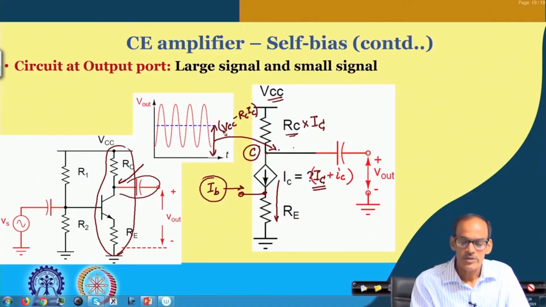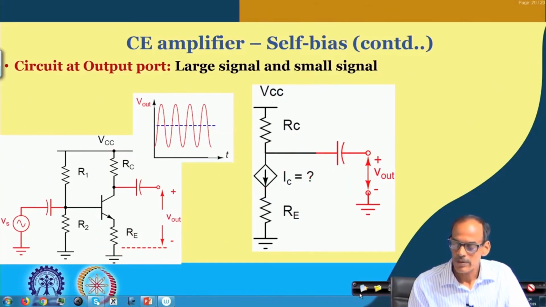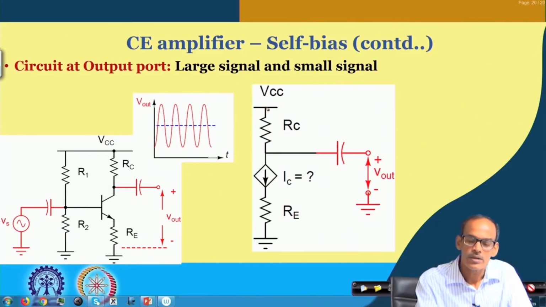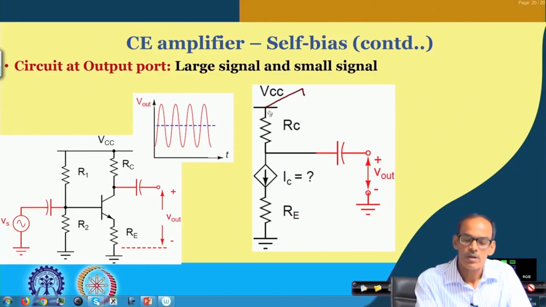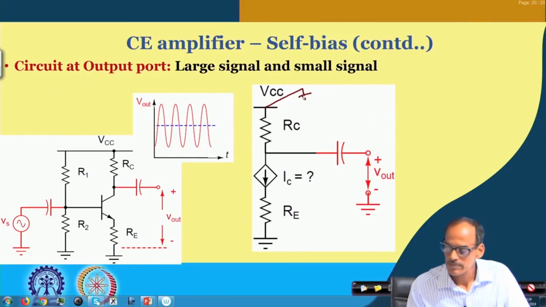Now, once you obtain the DC voltage here, let us look into the small signal part. Similar to the input port, here again for small signal, what are the things you will be doing? This terminal will be considered AC ground.